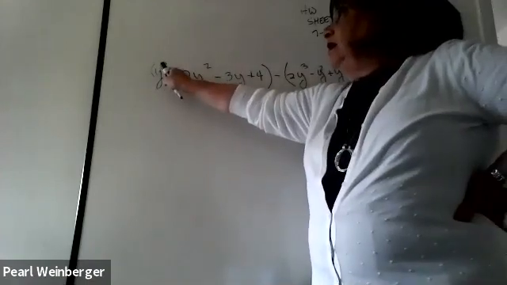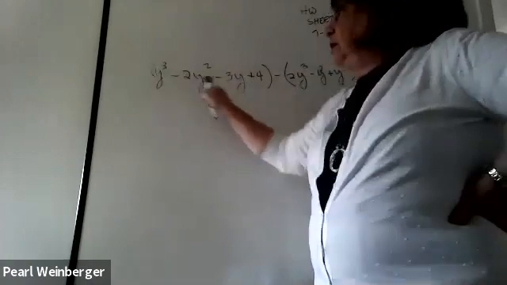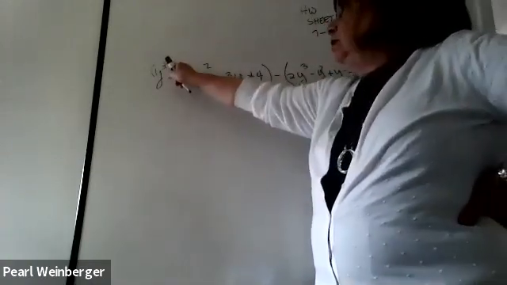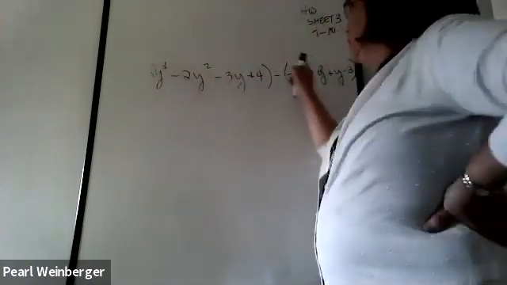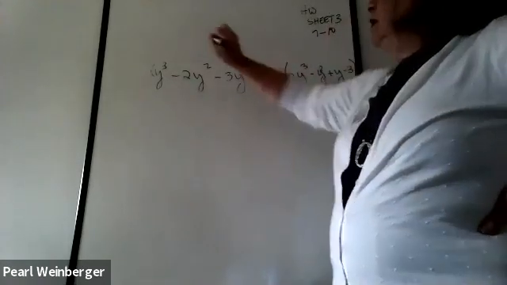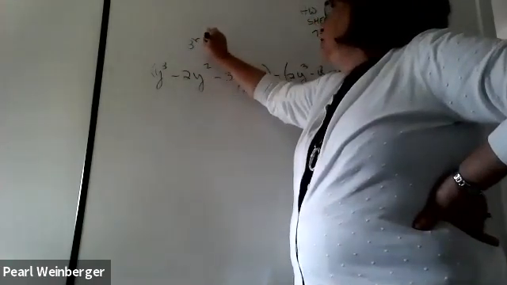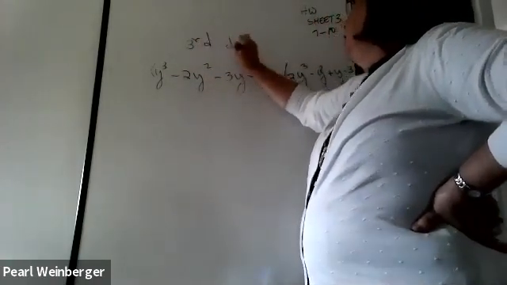The highest exponent that I'm seeing in each of these polynomials is an exponent of 3. This has an exponent of 3, this has an exponent of 3. We sometimes say that the polynomial is a third degree polynomial.